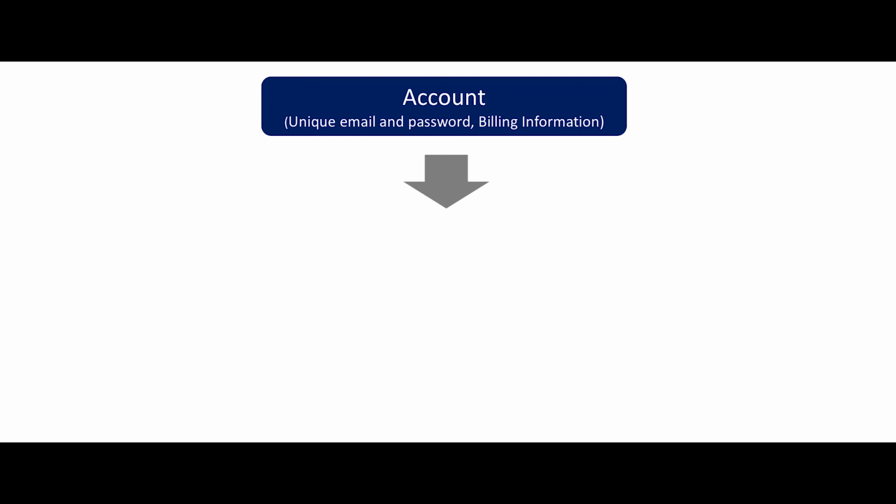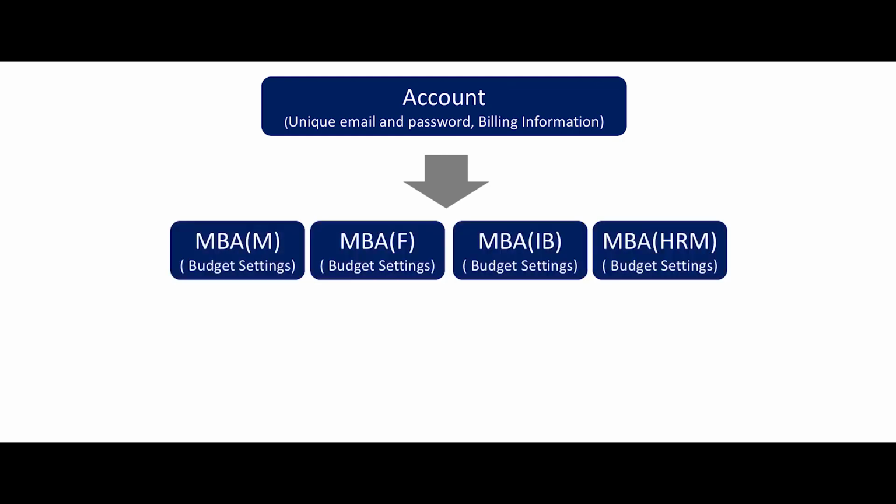In the second layer, we will run 4 campaigns, one for each stream, that is MBA Finance, MBA Marketing, MBA International Business, and MBA Human Resource Management. At this level, we will set our budget and bidding strategies for each campaign.